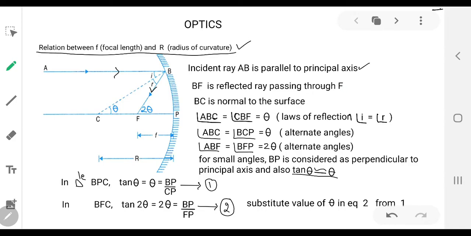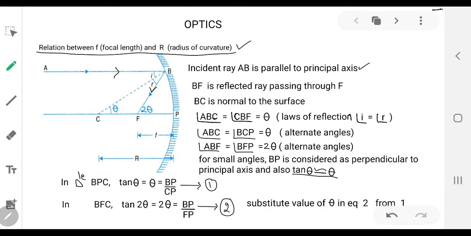Now to measure incident angle and reflected angle, a normal should be there, because we always measure with respect to the normal. The angle made by the incident ray with the normal is called the angle of incidence, and the angle made by the reflected ray with the normal is called the angle of reflection.